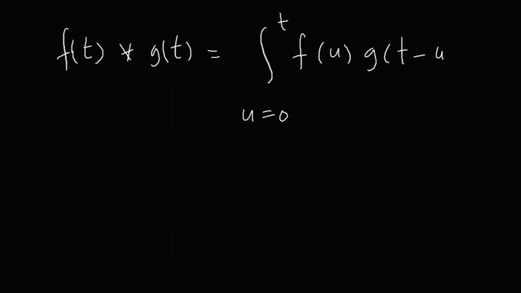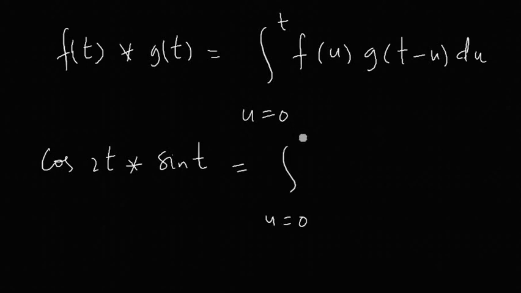So somehow you remember that first u is used, second t minus u is used, and integrated with respect to the new variable, and the new variable limits are this one. So if I want to find cos 2t star sin t, then that is equal to integral u is equal to 0 to t. Cos 2t is to be written as cos 2u now, and sin t should be written as sin of t minus u. The variable is t minus u here, the variable is u.